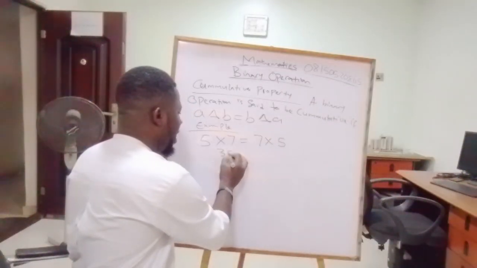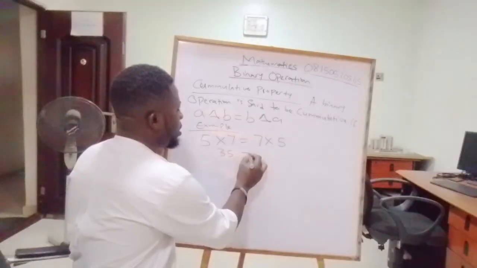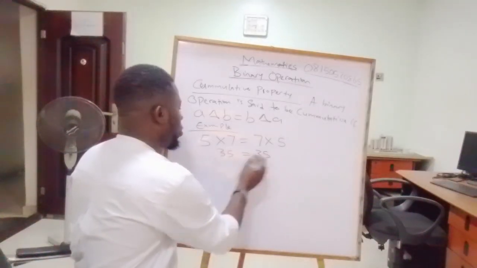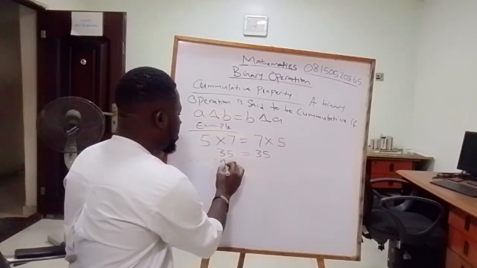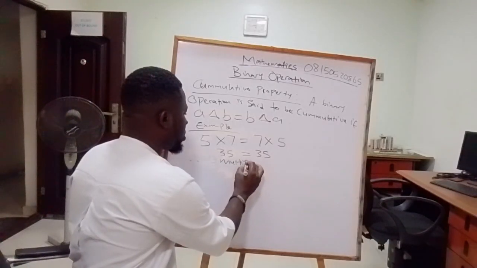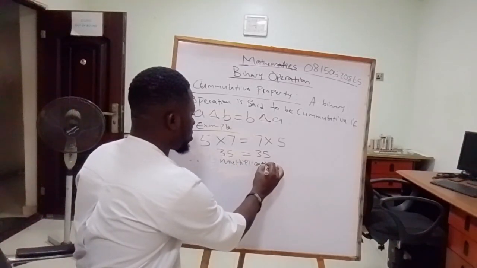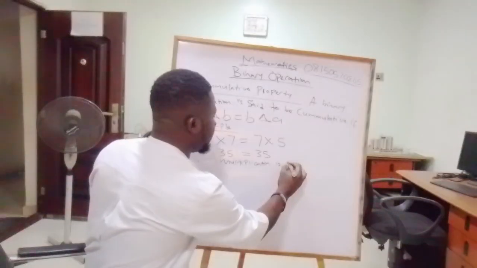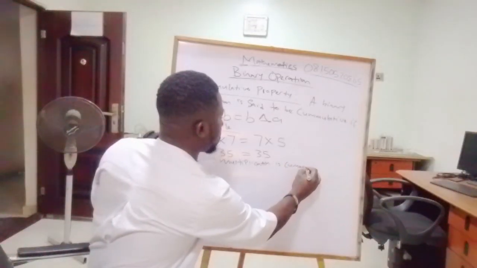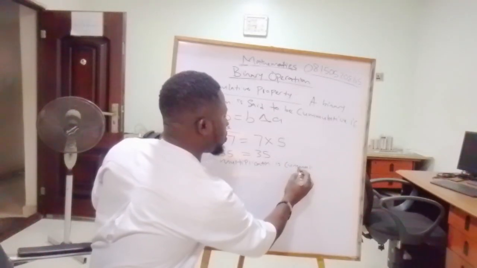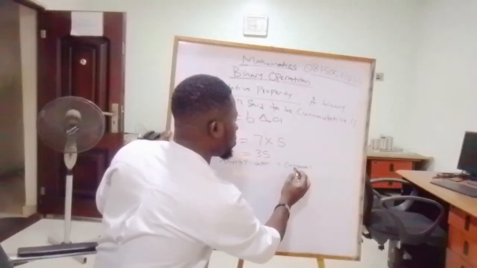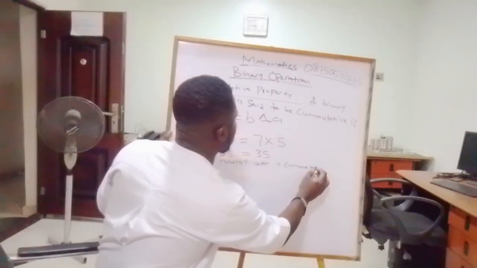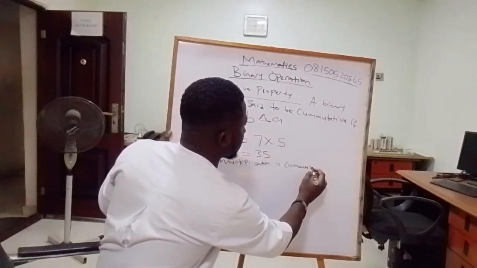This will give you 35, equals 35. These are equal. So therefore, multiplication is commutative.